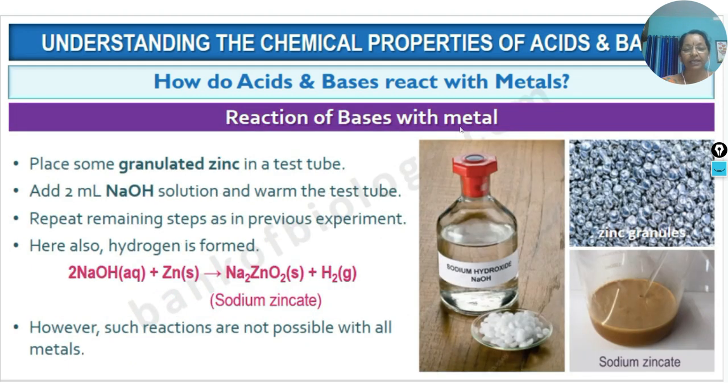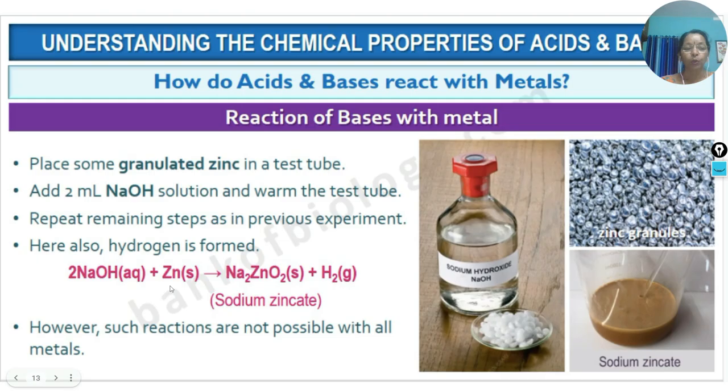Now, reaction of bases. If you allow a base, for example, sodium hydroxide, and zinc, you can see that they also react, forming a salt, but this salt is of a special kind. See, the formula of the salt is Na2ZnO2. It is called sodium zincate, but hydrogen gas is produced very much similar to that of acids.